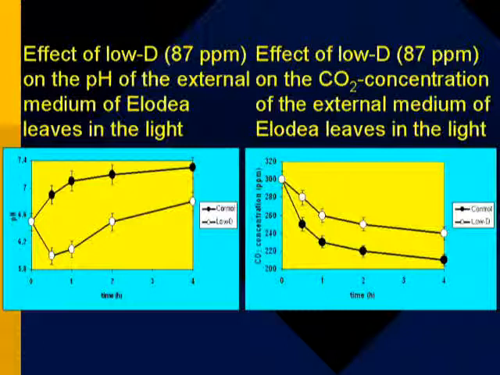And when we did the associated measurements on carbon dioxide concentration, we saw a slight decrease in the carbon dioxide uptake from the water, because this is the uptake due to the photosynthesis. And in deuterium depleted water, this uptake in the first half an hour was decreased, but after that the rate of the uptake was similar to that of the control.